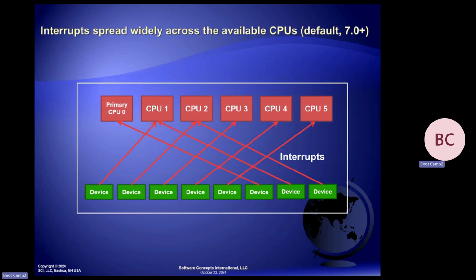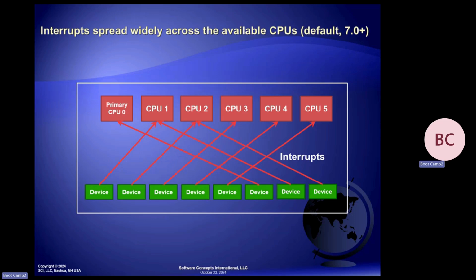But by default, they didn't really know how to optimize this in the code itself, and they still don't. So basically, the first device that comes along gets its interrupts assigned to the first CPU, and the second device to the second CPU. Then when you run out of CPUs and have more devices, you start over with the first non-primary CPU.